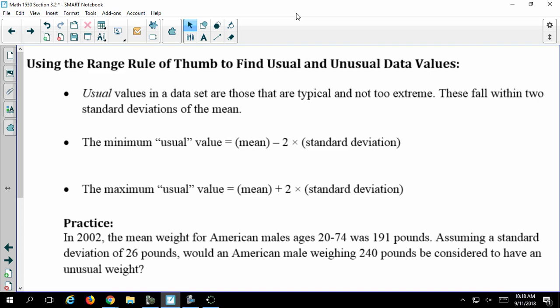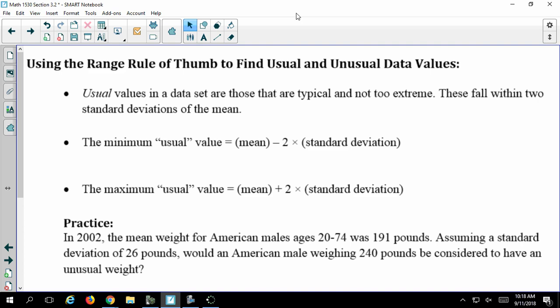So the range rule of thumb is a way to categorize your data into usual and unusual data. So we're going to say usual data values are within 2 standard deviations from the mean. So that means any data value that's no further away from the mean than 2 standard deviations, we're going to call that usual. Anything outside of that, we're going to call unusual.